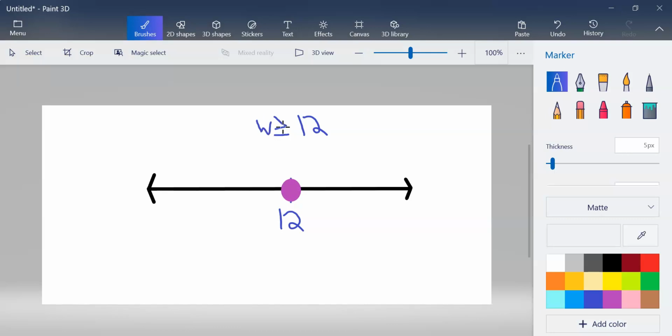Now W has to be greater than or equal to 12, so we need to plug in numbers which are bigger than 12. We need to plug in numbers to the right. I did that in two slightly different colors, but you get the point. There we go, a circle that's closed, pointing to the right.